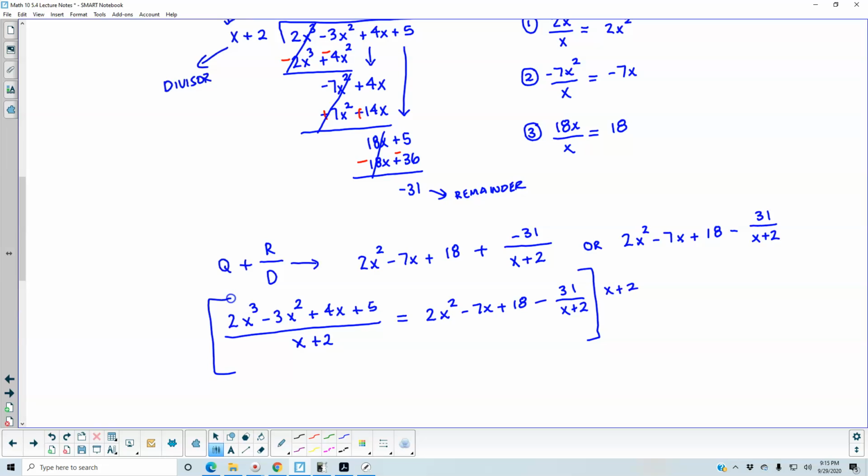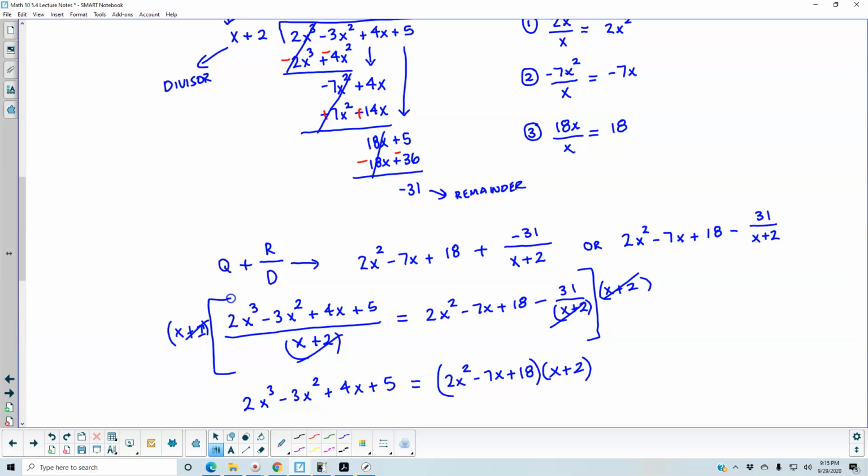So if we multiply everything by x plus 2, then we would have 2x cubed minus 3x squared plus 4x plus 5, which is equal to 2x squared minus 7x plus 18, because that's one grouping, times x plus 2. And that means we'd have to simplify this one and this one, and this one and this one, and this is going to be minus 31.